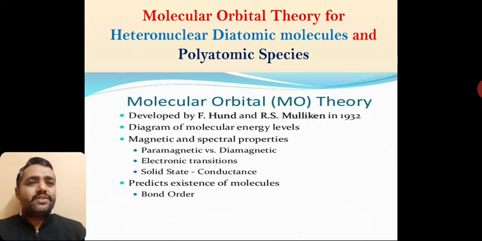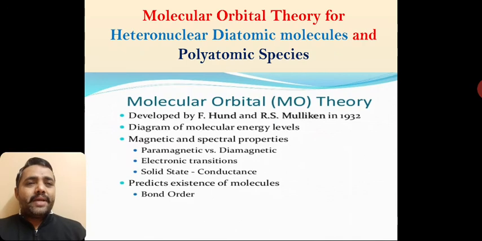This theory was developed by Hund and Mulliken in 1932. This theory depends upon the diagram of molecular energy levels. In this theory, you know the magnetic and spectral properties. But how will you calculate the magnetic properties?